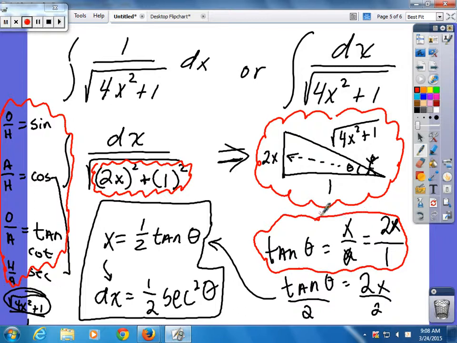Okay. Basically, the tie-in here and here is based on your box, the rules for trig substitution. And this, you learn back in trig. You have to set that relationship up.